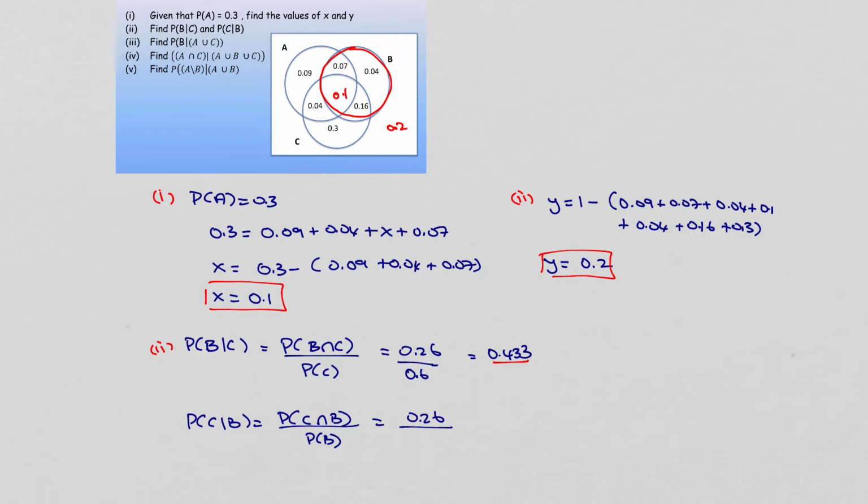So that gives us 0.07 plus 0.1 plus 0.16 plus 0.04. And that gives us 0.37. So 0.26 divided by 0.37 gives us 0.7027.